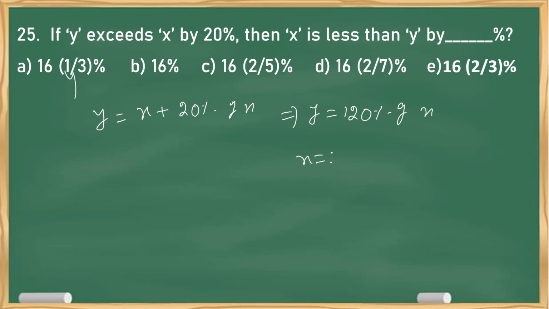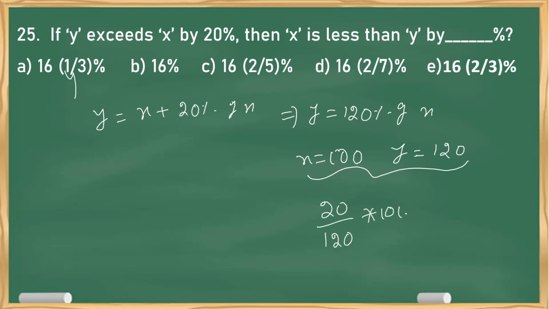That means x is equal to 100, y is equal to 120. This is a comparison of y with x. Now the reverse, they are asking for 20 by 120 into 100, that is equal to 1 by 6 into 100. What is 1 by 6? You already know, 16.66 percent.